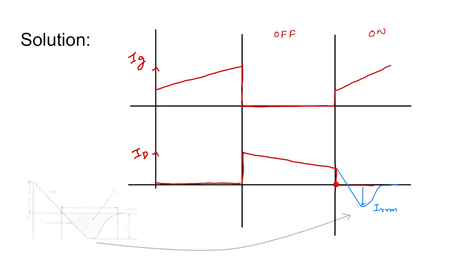So, as you can see, during the on state of the IGBT, the diode is also conducting. That too is in the negative direction.